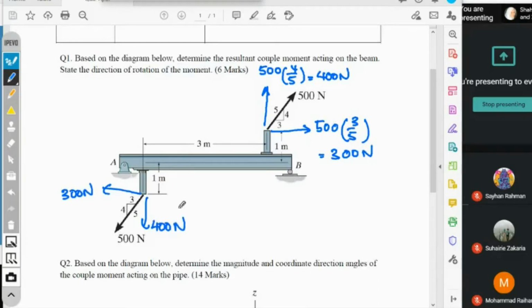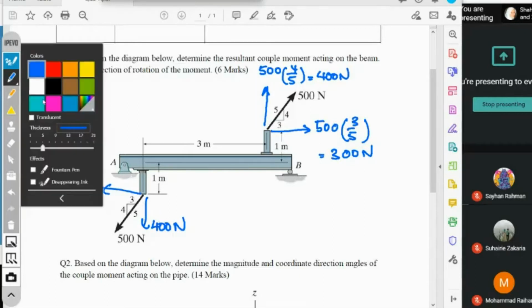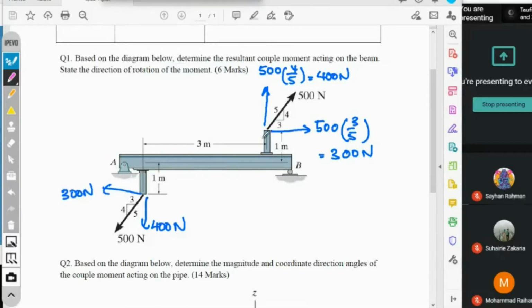Now, after this, everything should be quite straightforward and simple because we just pair the two forces of the same magnitude and opposing direction as a couple. If you take the vertical one, it will be like this for the 400 Newton pair, and the distance is 3 meter.